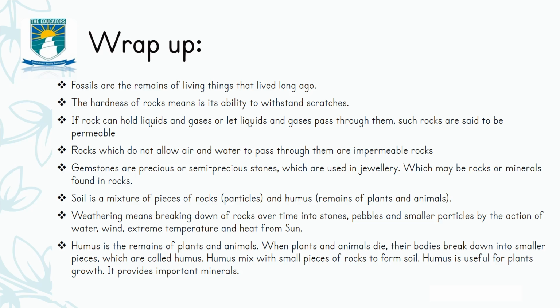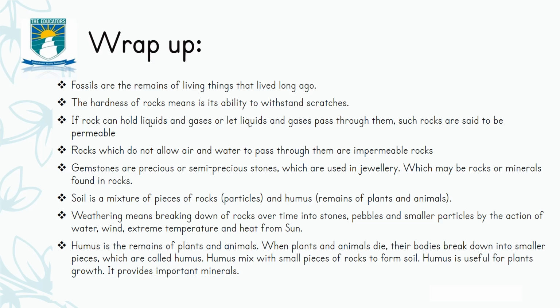Soil is a mixture of pieces of rocks or particles and humus, that is, the remains of plants and animals. Weathering means breaking down of rocks over time into stones and pebbles and smaller particles by the action of water, wind, extreme temperature, and heat from the sun.